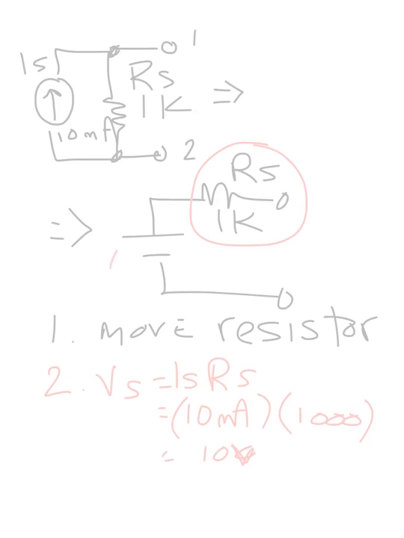That's your new power supply. You have now effectively learned how to convert a voltage source to a current source and a current source to a voltage source on the fly.